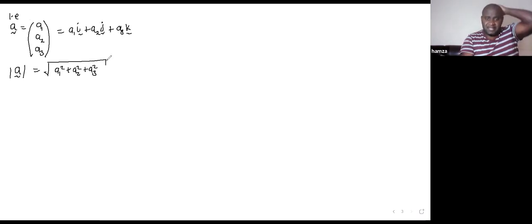So it means it is the root of the sum of the squares of the terms in all directions.